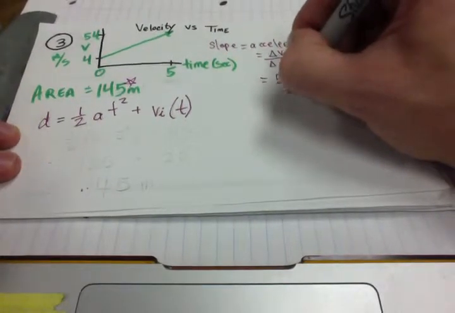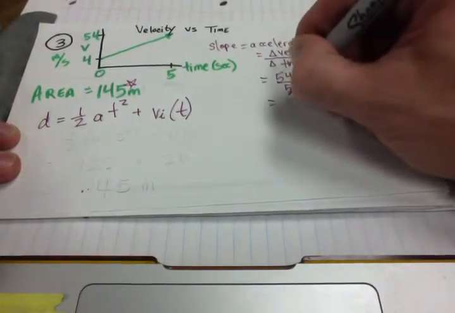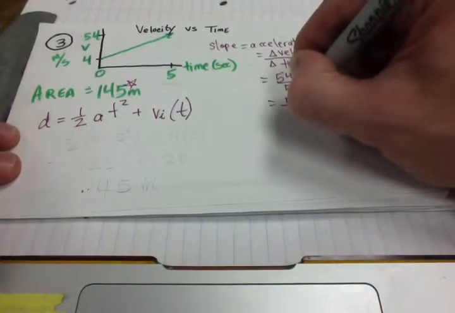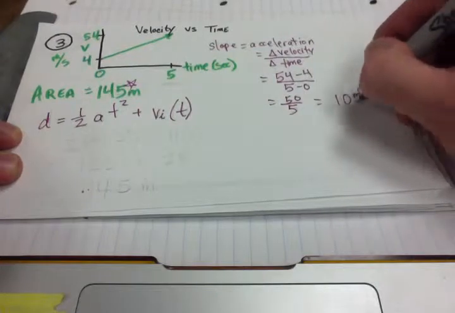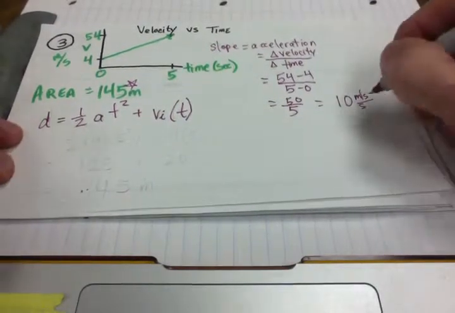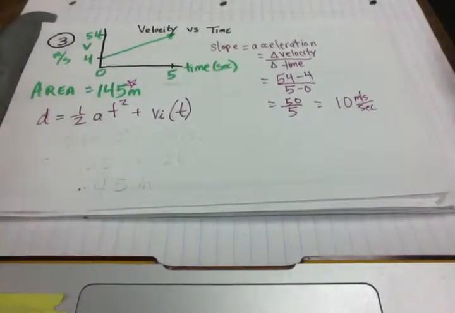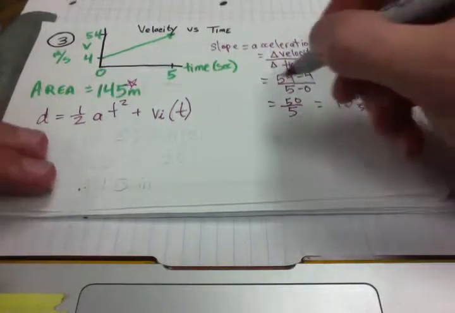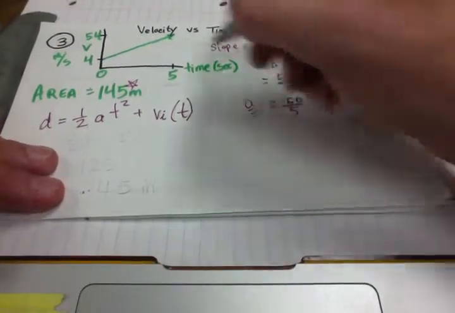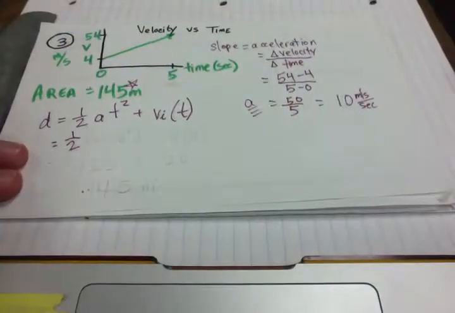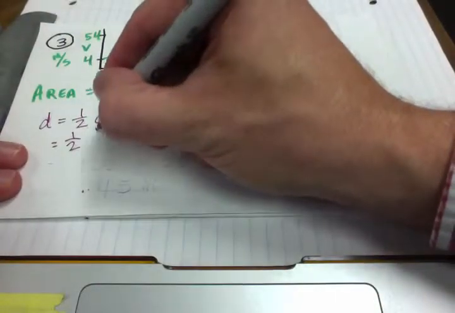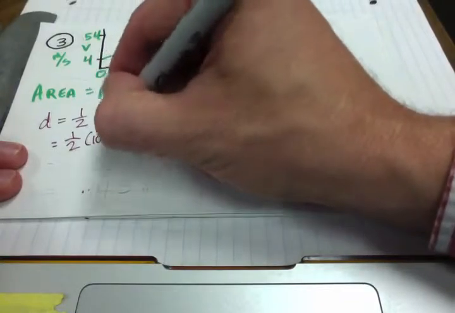Now once again, if it's something in free fall, thinking back to a couple minutes earlier, we established that velocity changed by 10 meters per second every second. So that is our value for A. So if I come over here to the distance formula, the value of A that I'm going to substitute in is 10.